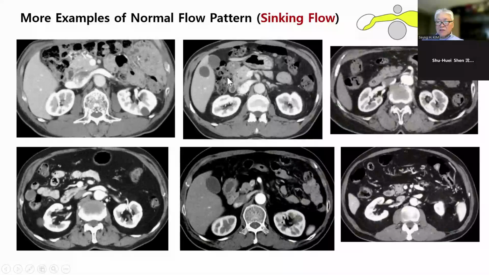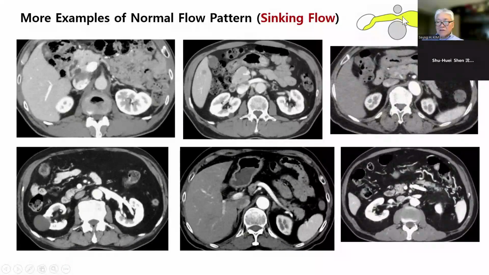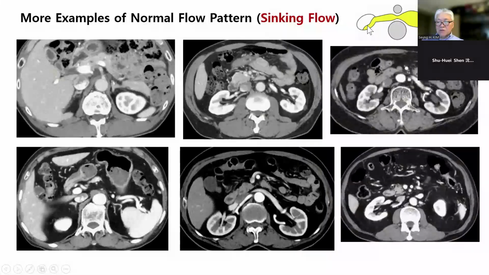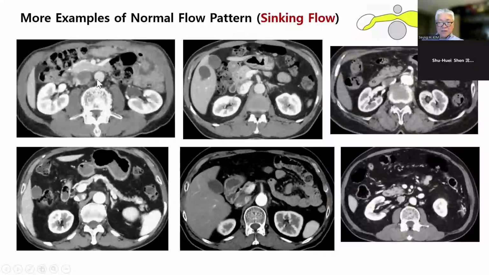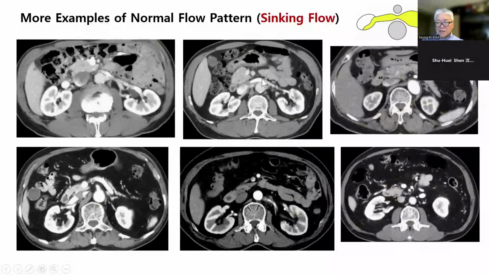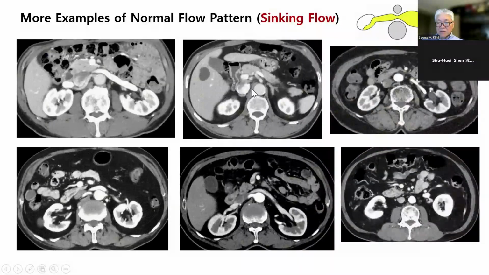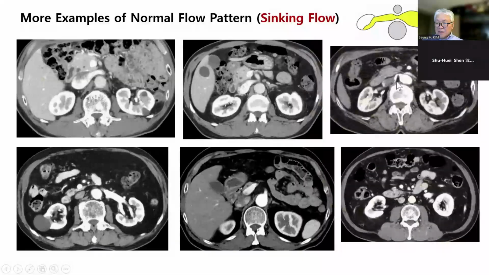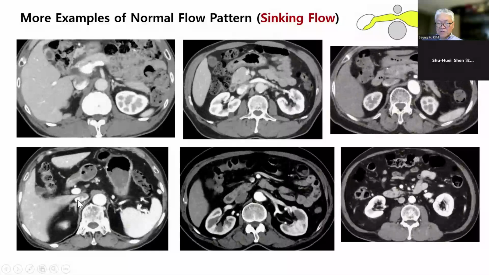And more cases of the second pattern, sinking flow pattern, where the contrast opacified blood goes along the dependent posterior margin. In the first case, probably you can feel this second sinking flow pattern. In the second case, you can see the contrast opacified blood along the posterior margin. The third case, also you can see this movement along the posterior margin.